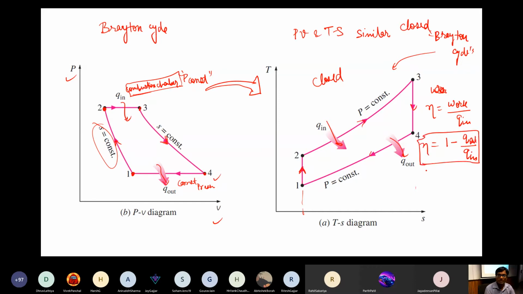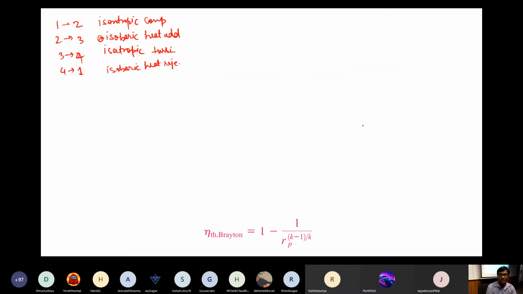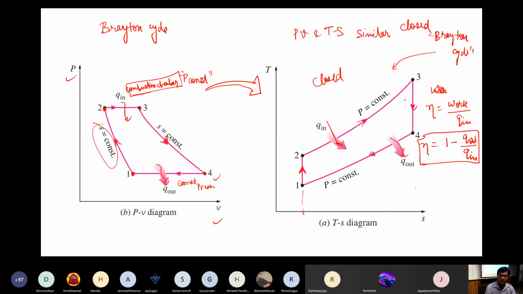What we have done in our Otto and Diesel cycles. I'm not going to put the details here. So efficiency is 1 minus Q out by Q in. Can we think of what my Q in is, since this is a constant pressure process and some amount of boundary work is happening?